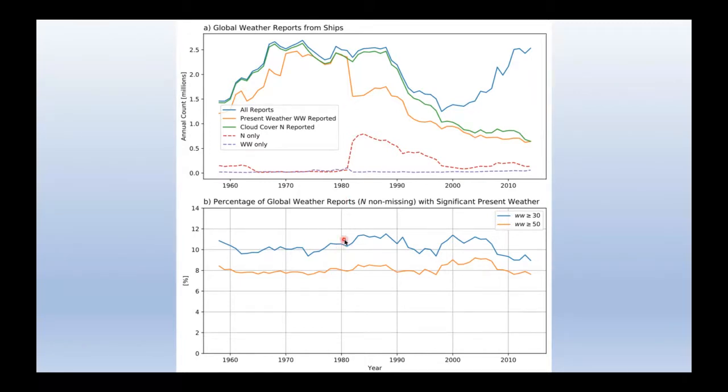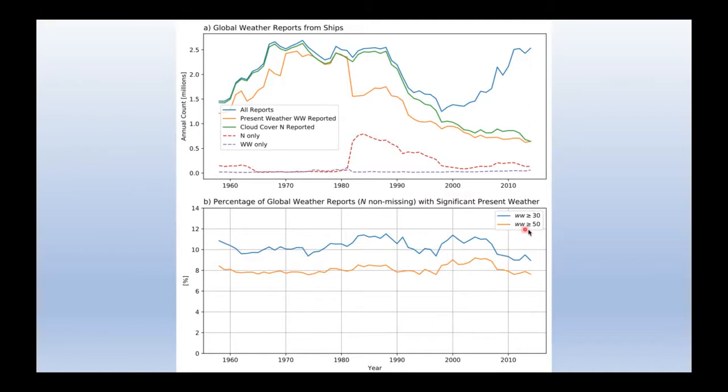But if you take, for example, all the ships that reported a code equal to or greater than 30, which is everything from blowing spray to fog to precipitation, and look at that as a fraction of weather reports where the cloud cover is non-missing, it's a fairly steady fraction of around 10% with some fluctuations up and down.